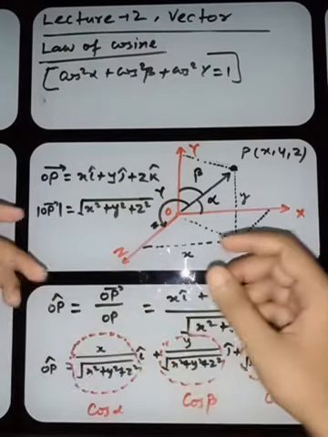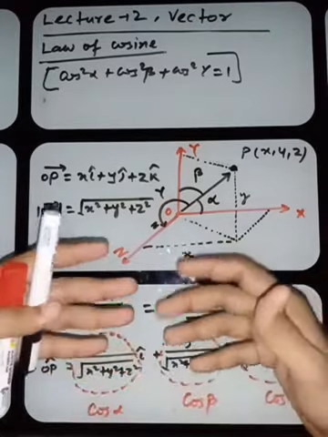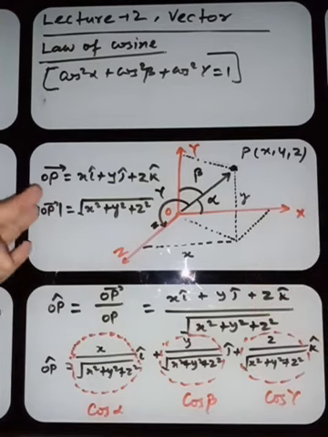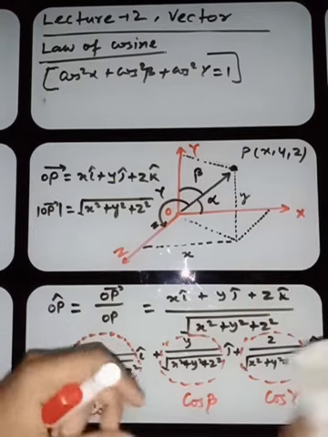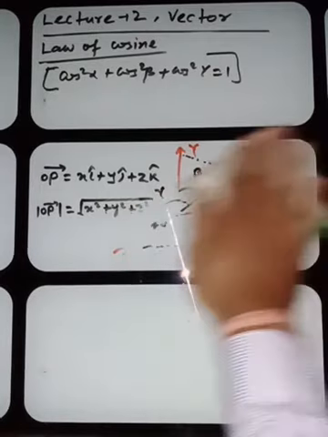Now this is all about the direction cosine. I'm giving you a few questions. I hope you understand. I'm going to wrap this up, students. Now let me give you some questions here.